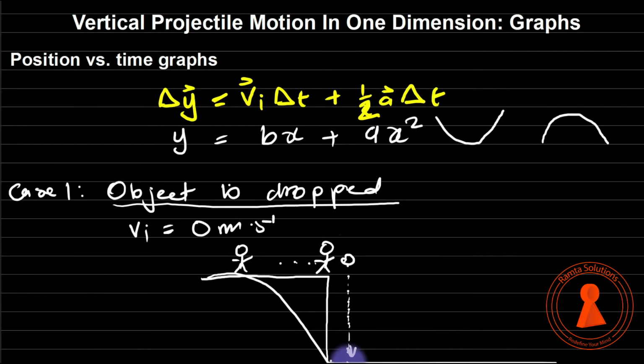When he throws an object down and we want to draw position versus time, we have two reference points: the ground and the hilltop.